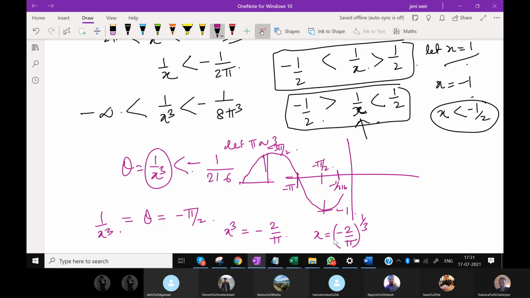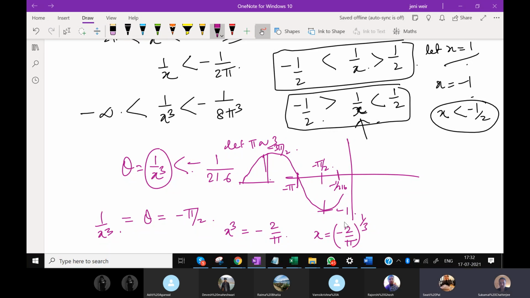But you have to be careful about one thing: when you are considering negative numbers, fractional powers will not exist for values other than perfect cubes like this, right? So you can raise the power to a fractional power like 1 by 3 only when your base is a perfect cube, right? Clear?